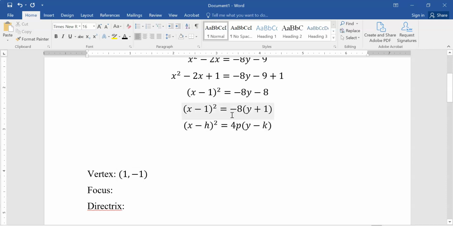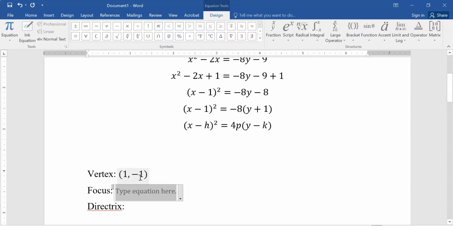Now, in this case, you can check, but this parabola is going to go down. So when I move from the vertex to the focus, I am going to subtract 2. Again, p is negative 2. I'm going to do negative 2 from negative 1. So you get 1, negative 3 as your focus.